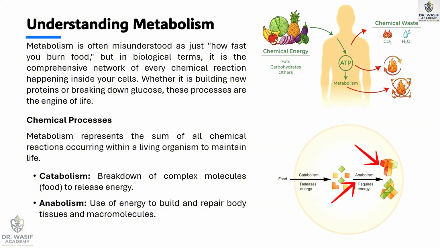Anabolism does not make energy, it consumes it to build you. So remember this simple rule for your exams. Catabolism breaks down to release energy and anabolism builds up by consuming it. Together, they form the rhythmic continuous cycle which keeps you alive.